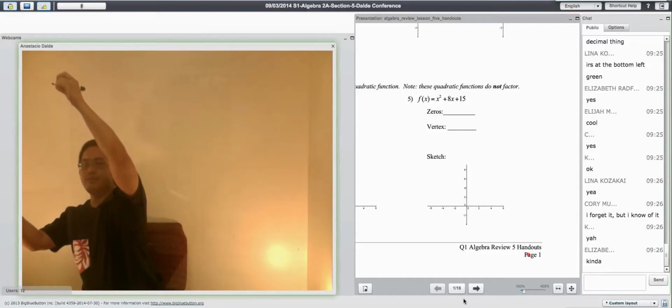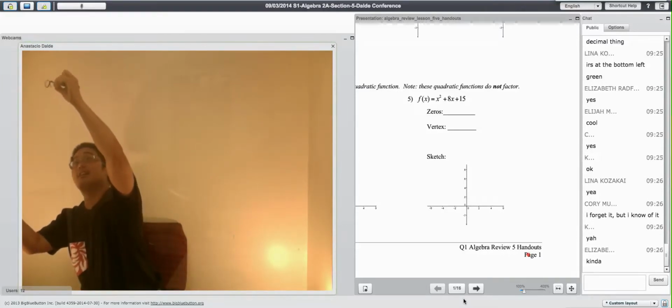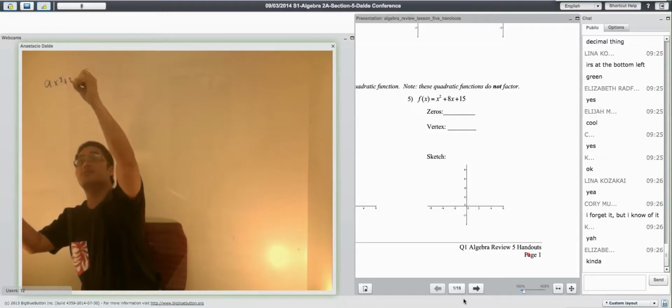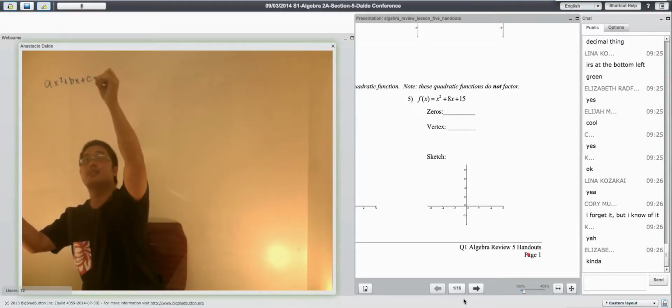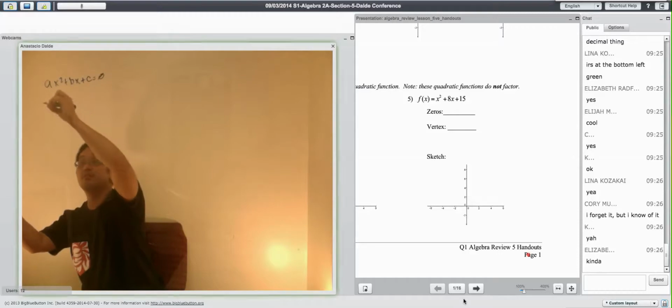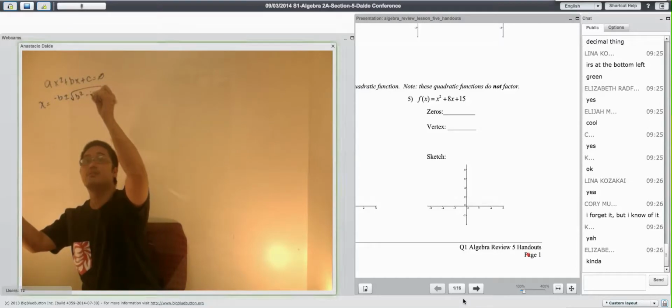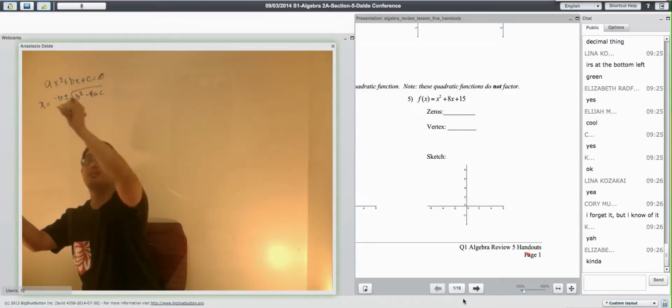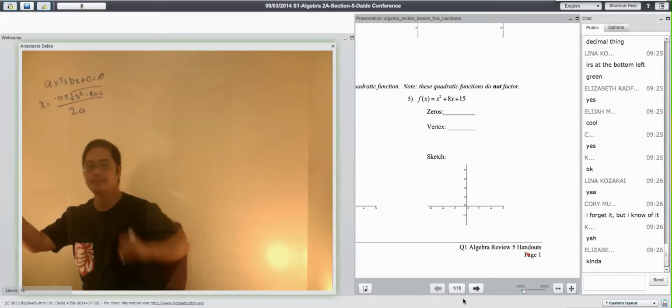I'm going to write a few things down, and I'm just going to keep them at the side. ax squared plus bx plus c equals 0 yields x equals negative b plus or minus the square root of b squared minus 4ac, all over 2a.